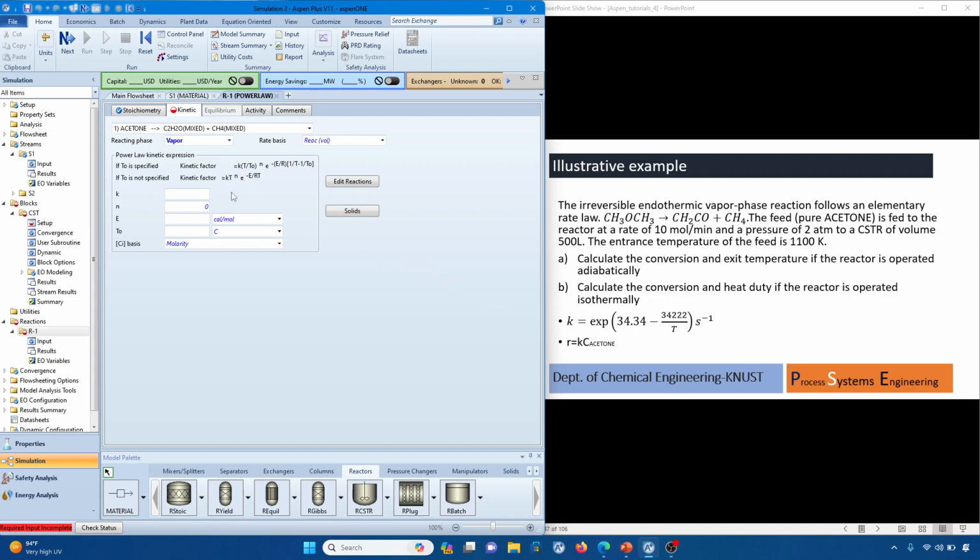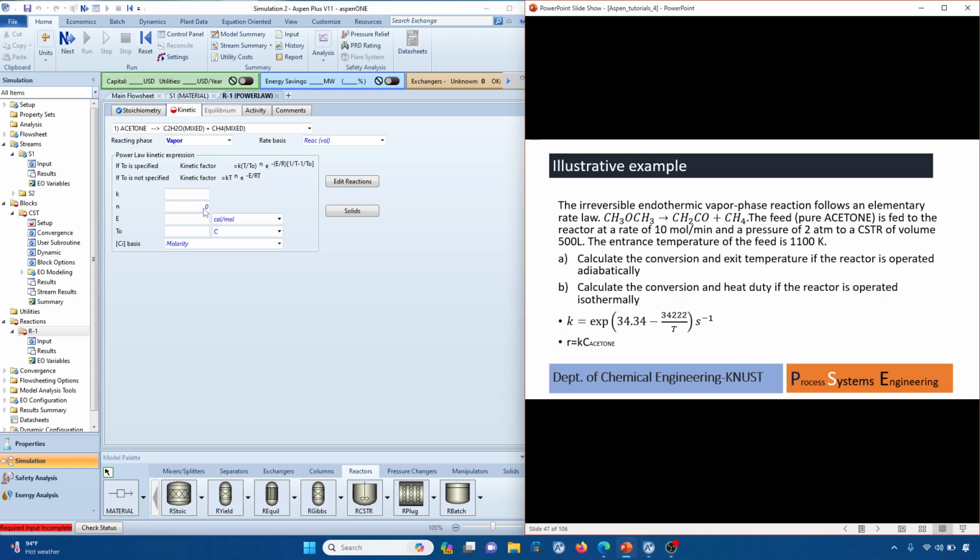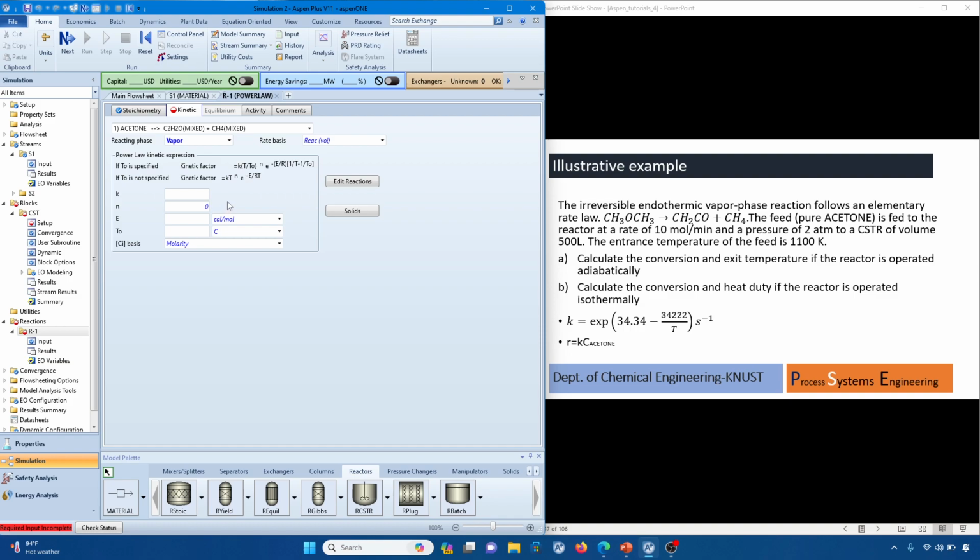This is the form we have in the problem, but we are missing the T0. As a result, the exponent of the T0 is zero. That's how the software knows that the T0 is not present in our model. So n stays at zero. Then we have to express this in this form. We need to specify the activation energy, E, and the k, the pre-exponential factor.